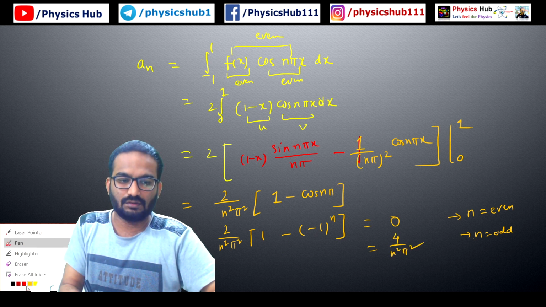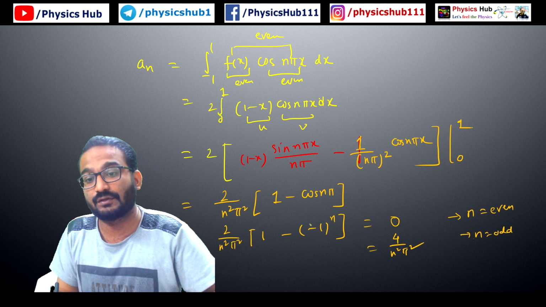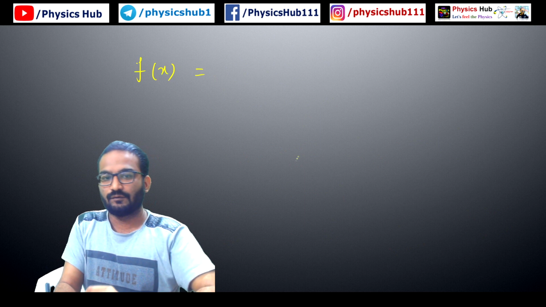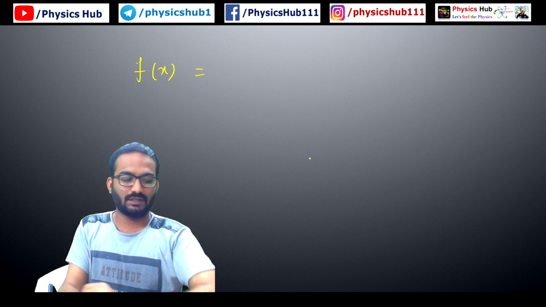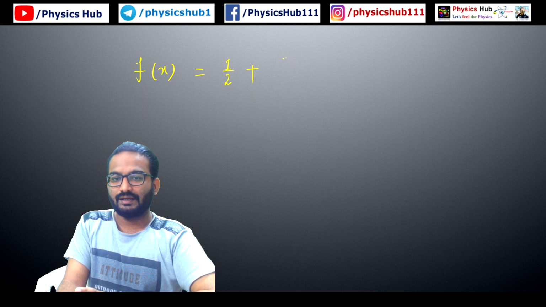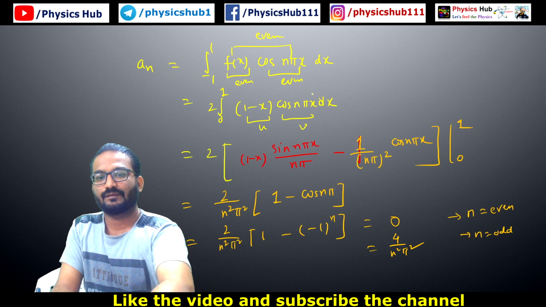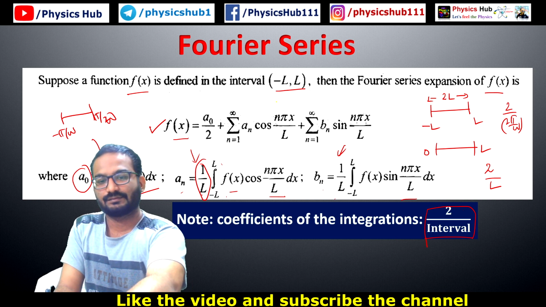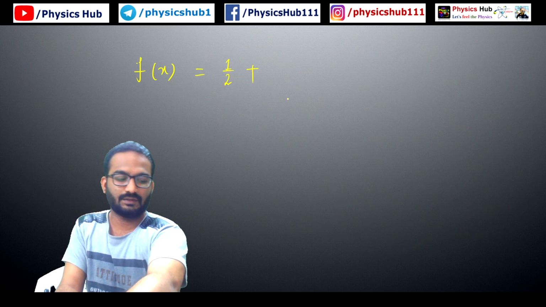So we got all the values of the coefficients a0, an, and bn. So we can write the function now. Your function f of x becomes a0 by 2, so 1 by 2, plus the sum over an cos n pi x by l, where an is 4 by n squared pi squared for odd n.